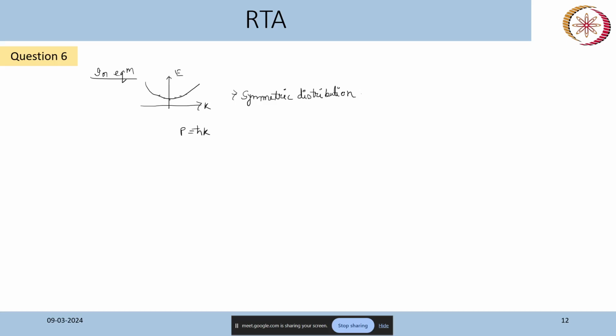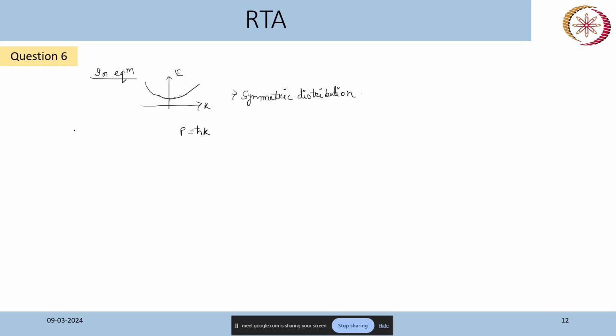Now, when any external field or external force is applied, the distribution function will change, and the total distribution function is split into two terms. One is the symmetric term, that is close to the equilibrium distribution function f naught, and another is the asymmetric term.